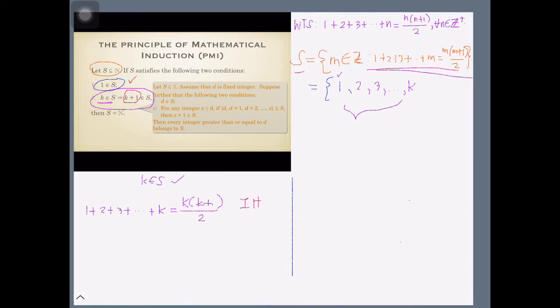As for the outline of the second condition, whenever you have this kind of problem, just extend the left side of your equation until k plus 1, and that will be achieved by adding k plus 1 to both sides of the equation and working algebraically with the given expressions.